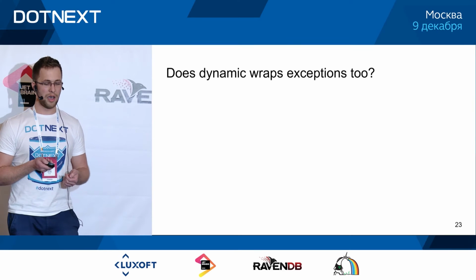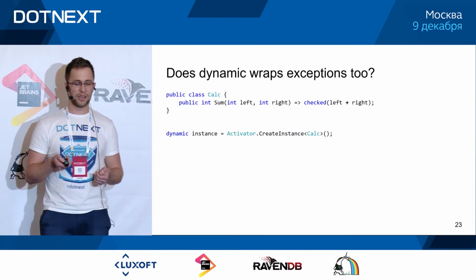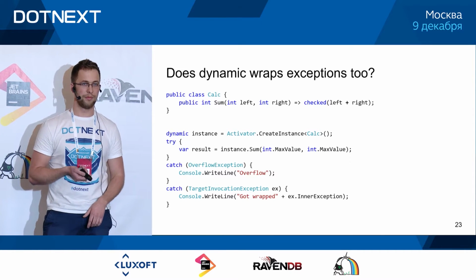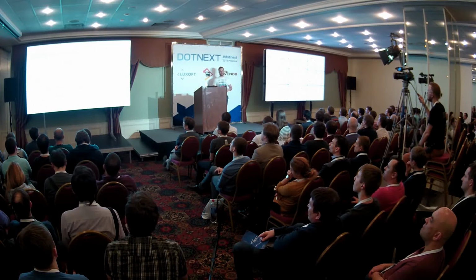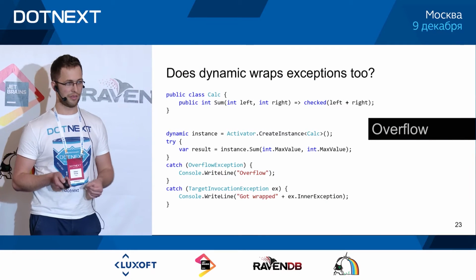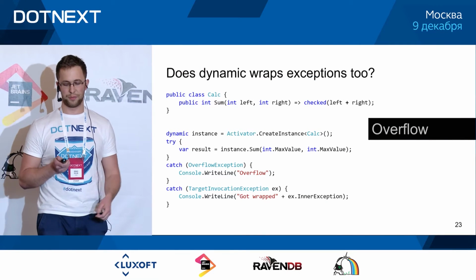So what do you think? Does dynamic wrap the exceptions as well? If reflection does, should dynamic do? No, it doesn't. So we get the original exception when using dynamic, which is very good.